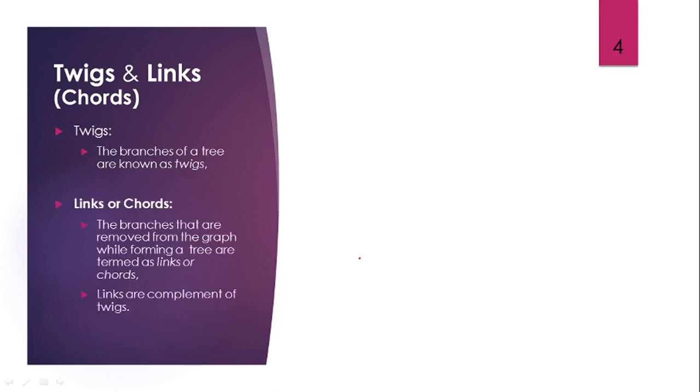So what are the twigs and links or chords? The branches which are covered in a tree are known as twigs, and the branches which are not covered in the tree but actually belong to your main complete graph can be called links.